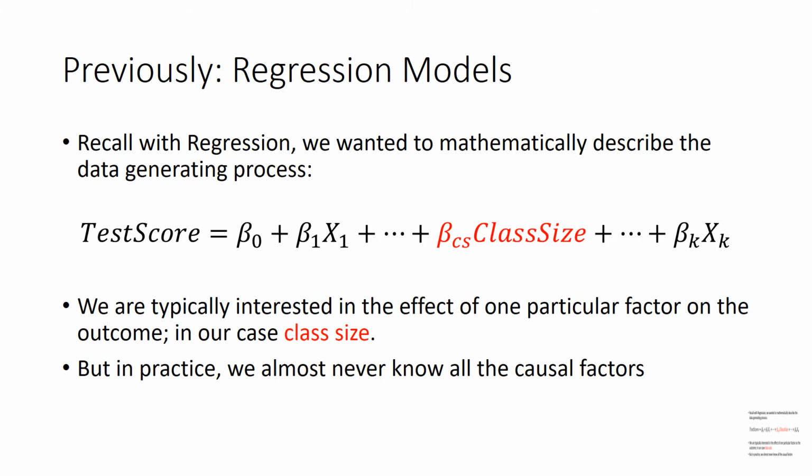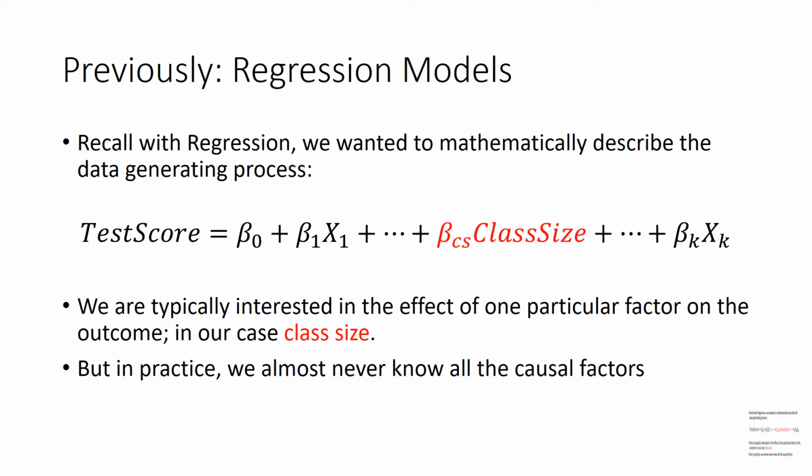So one of the things we're doing today is just sort of tying together a bunch of our previous identification strategies. We talked about how propensity score matching kind of simulates experimentation. It also sort of solves one of the problems with regression analysis. Remember, when we were running regressions, we wanted to describe mathematically the data generating process.